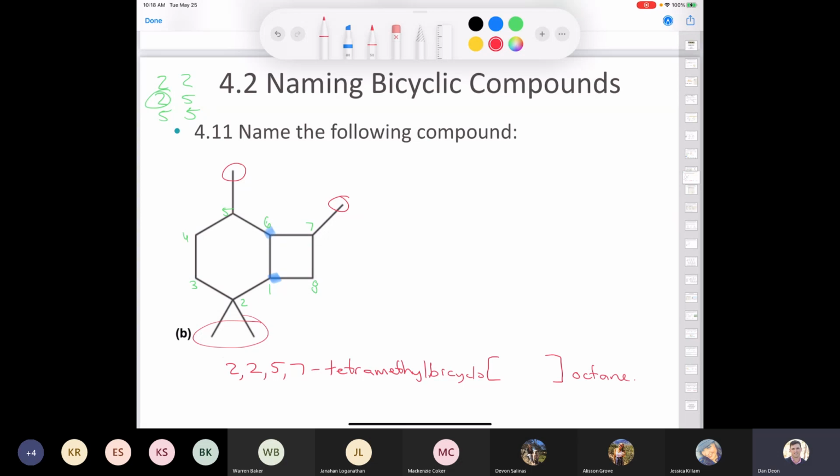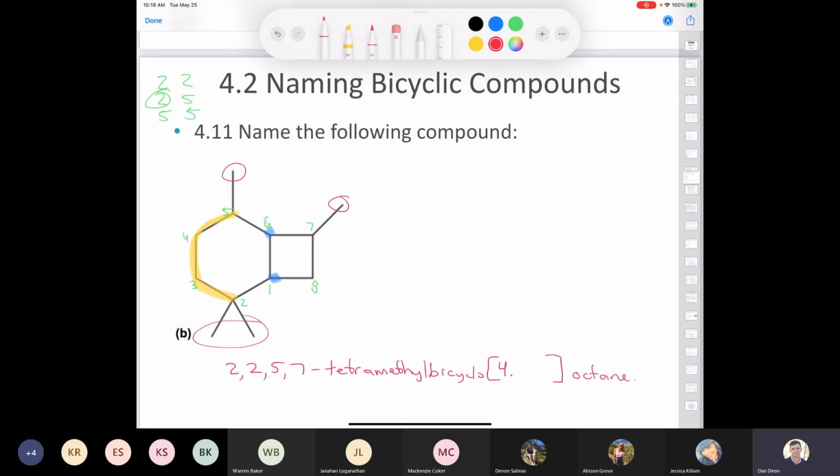Could anybody identify how long the longest bridge is? Yeah, there are 4 carbons in the longest bridge. 1, 2, 3, 4, like this. So we'll put a 4.